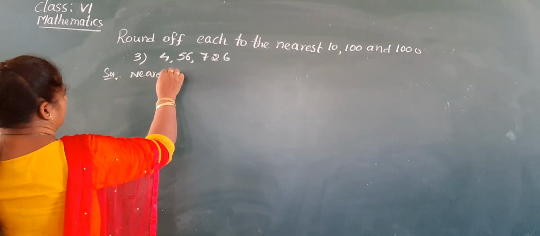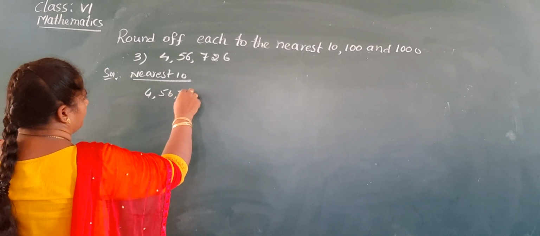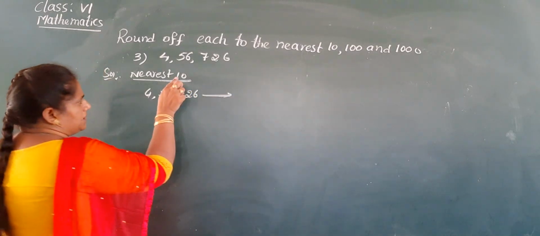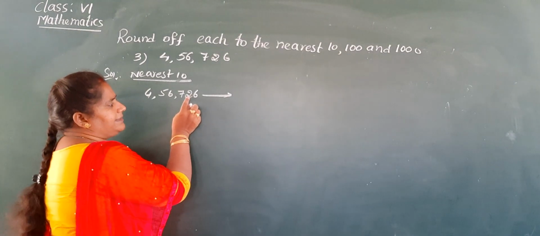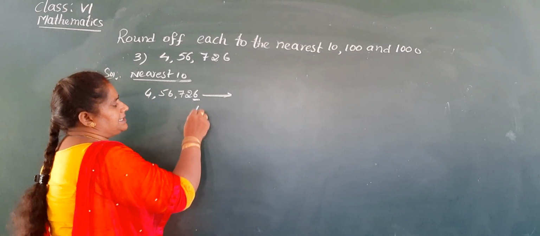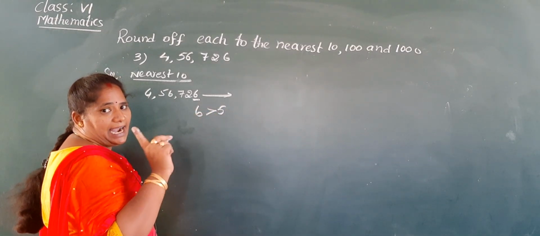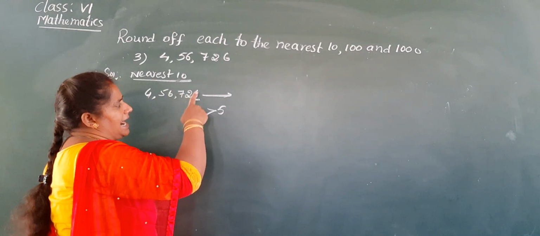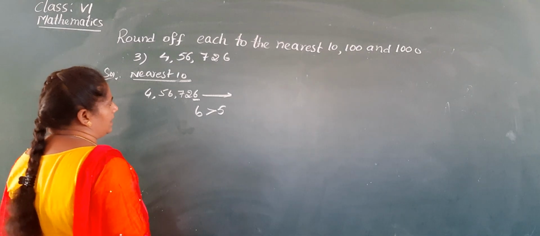Nearest 10. Observe the number. Nearest 10. This is tens. Nearest to tens means look at the digit to the right side. Underline the digit 6. Here 6 is greater than 5. Greater than means add 1 to the tens place and keep 0 in the ones place.